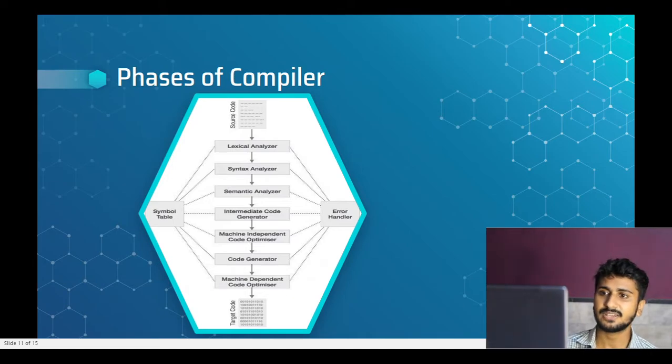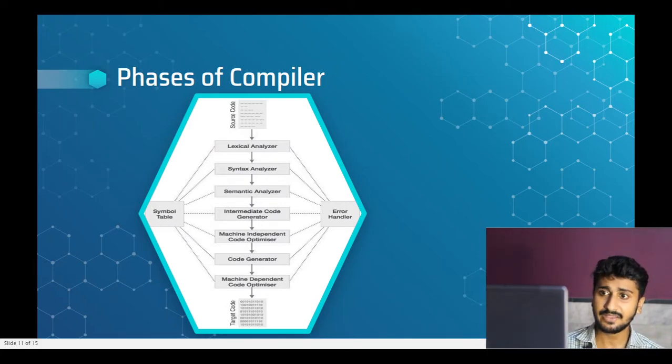After that there is the intermediate code generator. What is the intermediate code generator? After semantic analysis, the compiler generates an intermediate code of the source code for the target machine. It is between the high level language and machine language. The main work of a compiler is to convert the high level language code into machine language.